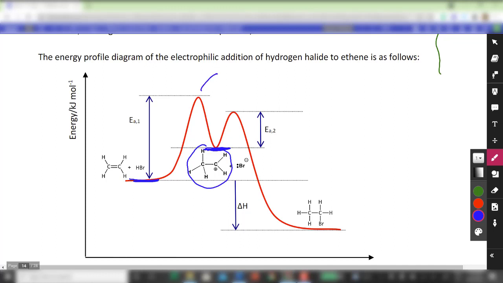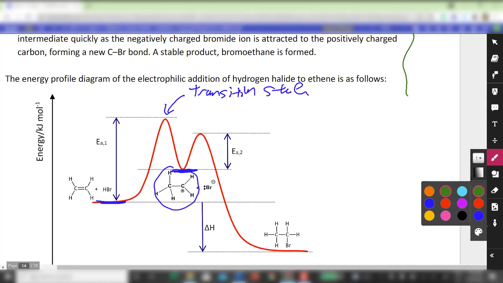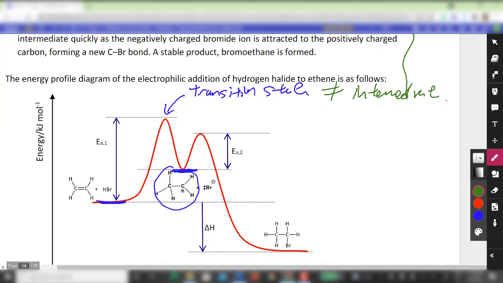state. So this portion is what we call a transition state. It is also worth mentioning here that in case you didn't remember what you learned in secondary school, a transition state is different from an intermediate. I need you all to remember this.